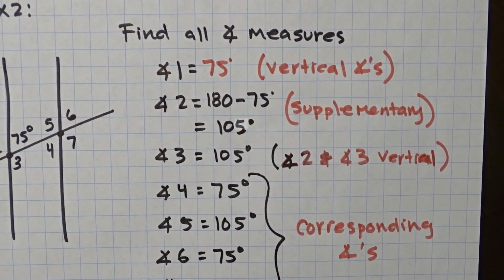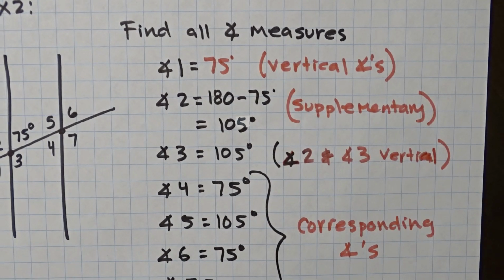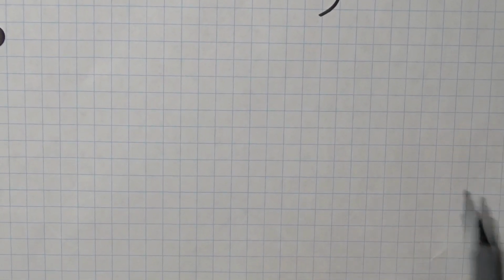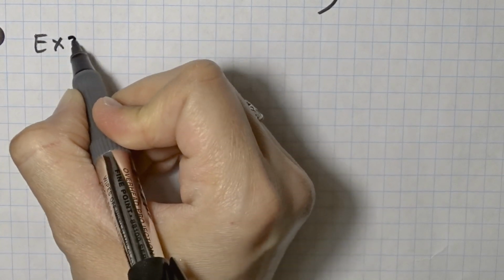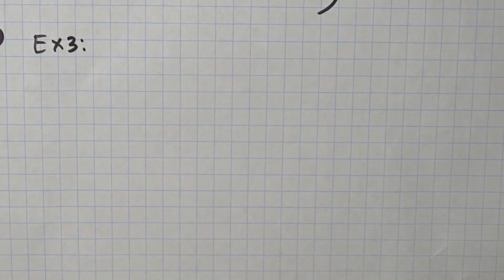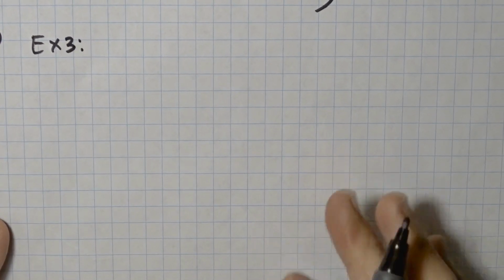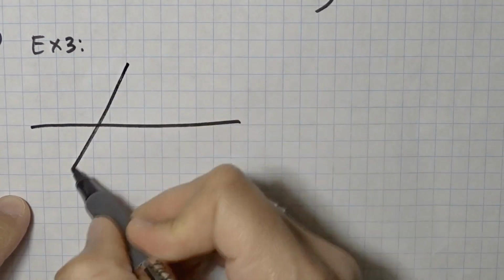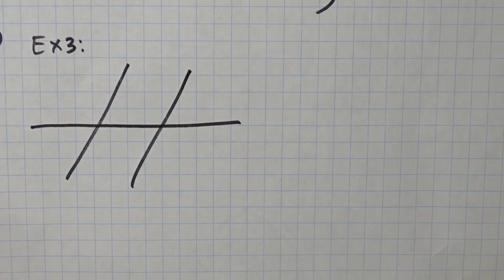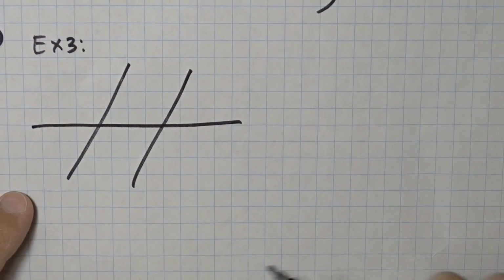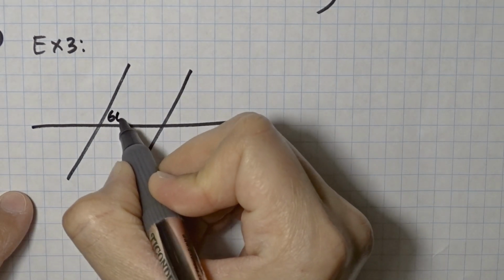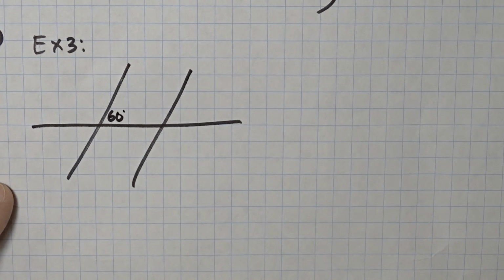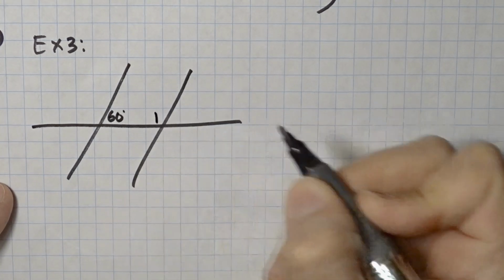All right, so example 3. And this is really just memorizing what angle relationships we have. So let's say we have parallel lines that are diagonal, and I have this is 60 degrees, and I have angle 1.